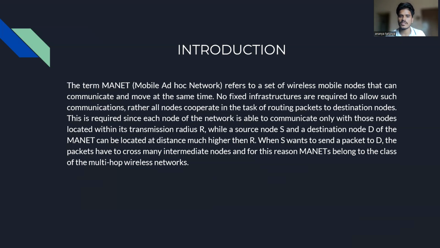This is required since each node of the network is able to communicate only with those nodes located within its transmission radius R, while a source node S and a destination node D of the MANET can be located at a distance much higher than R. When S needs to send a packet to D, the packet has to cross many intermediate nodes, and for this reason MANETs belong to the class of multi-hop wireless networks.